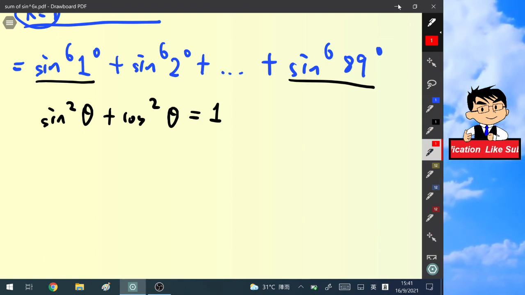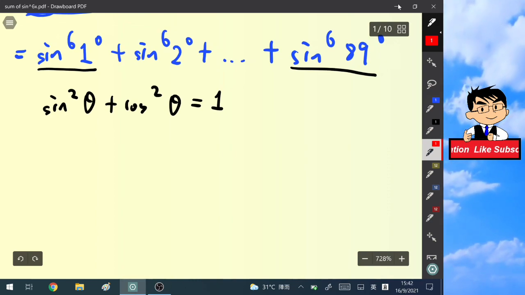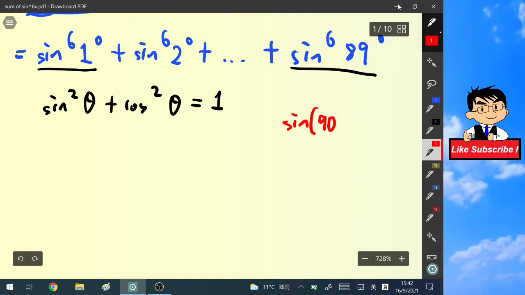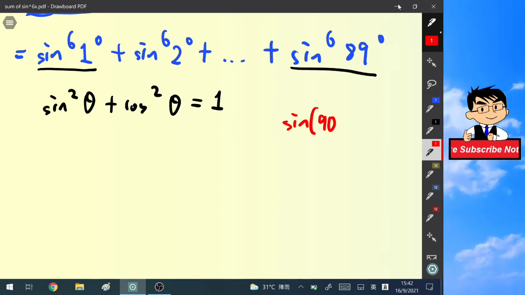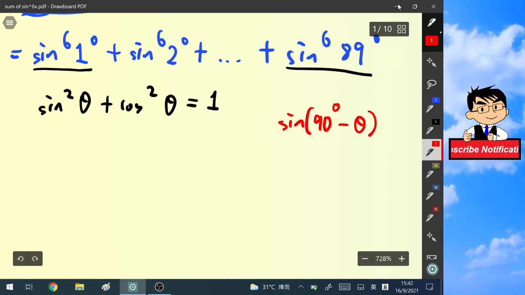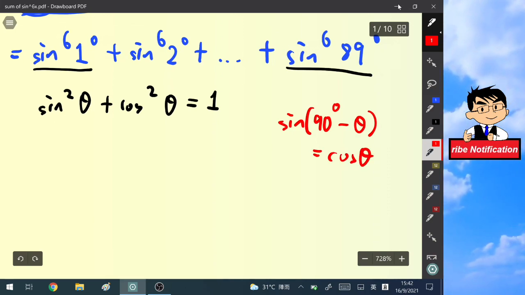We also remember another simple trig identity: sine of 90 degrees minus theta is equal to cosine theta.